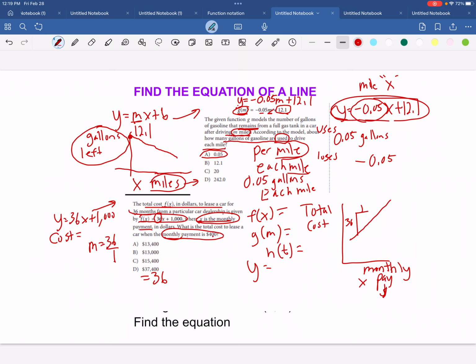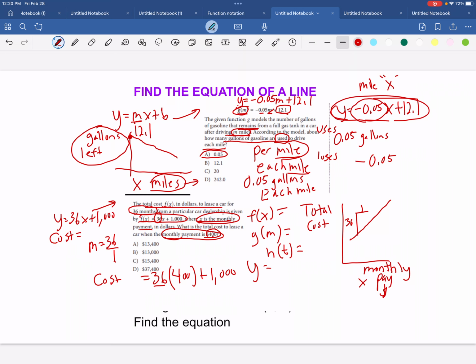Well, the 36 was the number of months. 36 months times a payment plan of $400 per month. This is going to be your total cost that you pay for those 3 years. So in this case, you would plug in to solve.